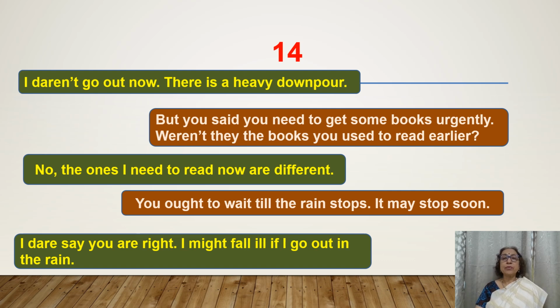These 14 dialogues should make you perfect in small talk, social conversation. It is called in English small talk. So this is all small talk. And then you can also add your own sentences, your own questions to these 4 or 5 sentences per dialogue which I have given.